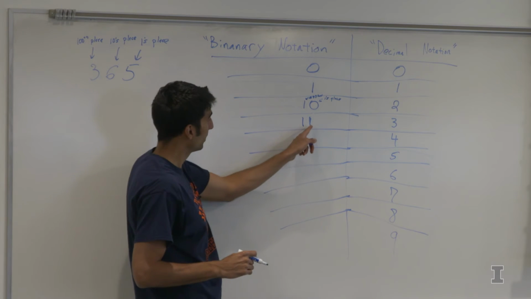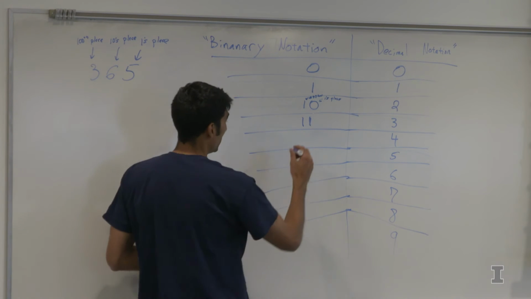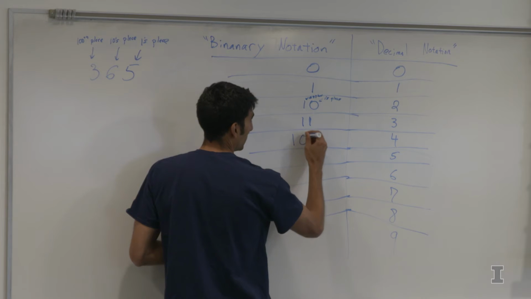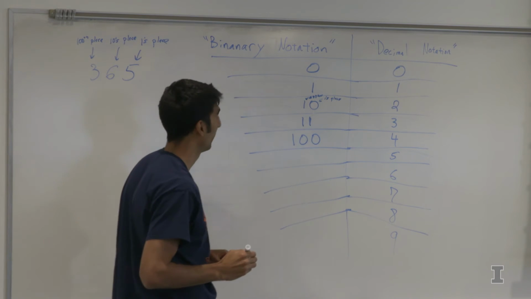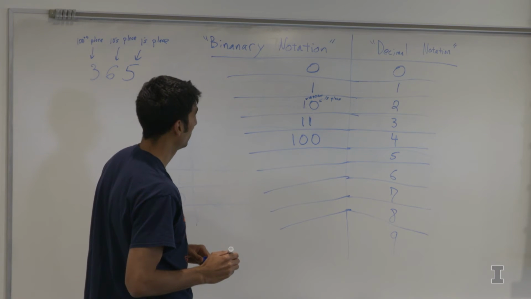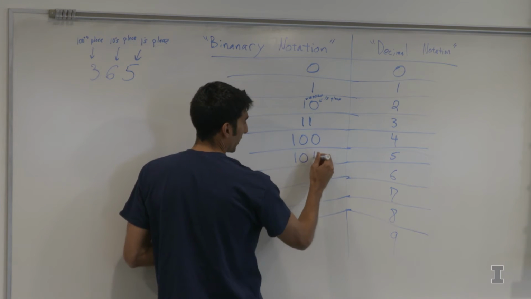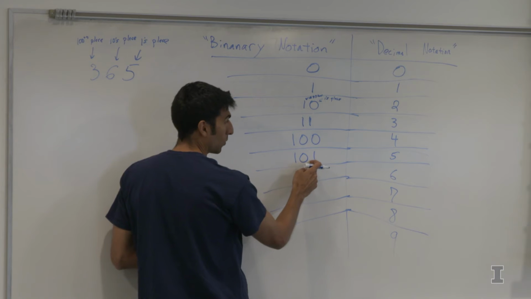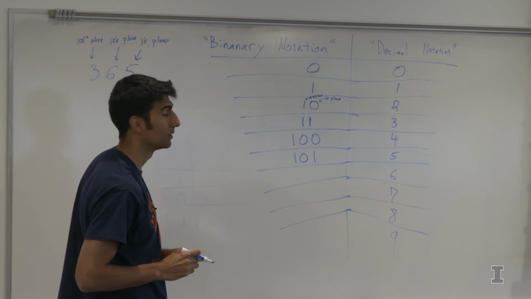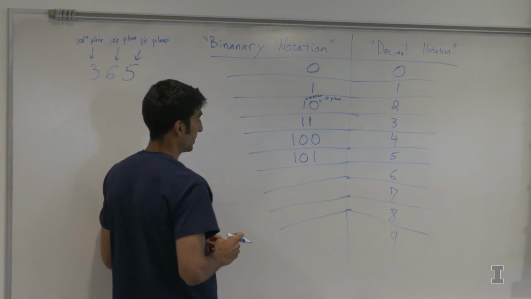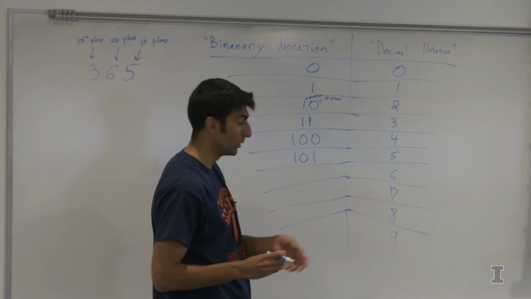For 4, now we just want to have 1 in the 4th place. So we would go 1, 0, 0. For 5, we have 1 in the 4 place, 0 in the 2, and 1 in the 1 place. So it's 4 plus 1 is 5. 6, I think of 6 as 4 plus 2.